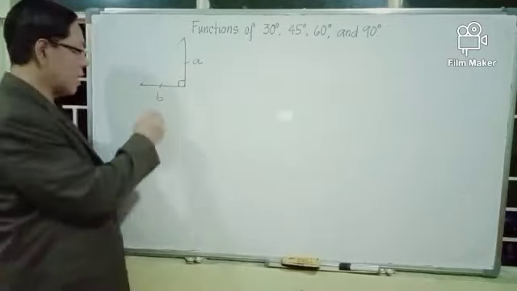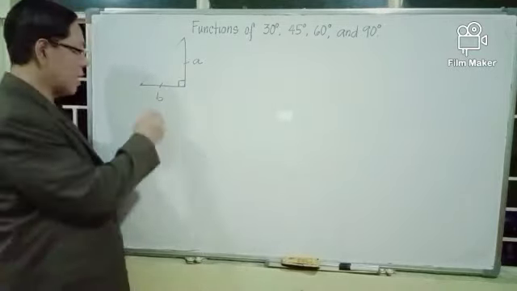If we denote this by angle theta, the angle opposite this other side of the right triangle is this angle, and we denote this also by theta. And from a theorem in your course in geometry, the angles opposite the congruent sides of a triangle are also congruent. Hence, this angle and this angle are equal.